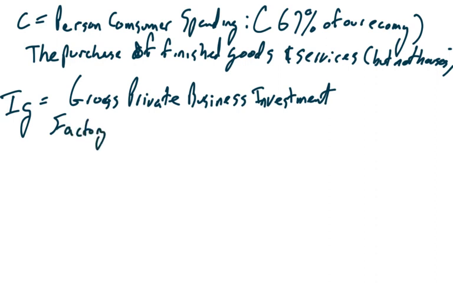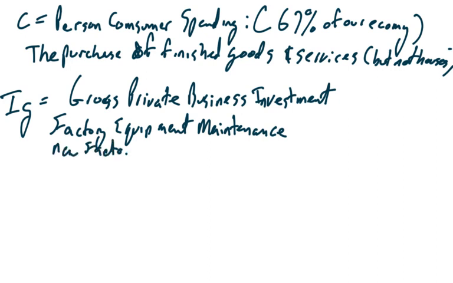If you call in the repairman and he comes in and fixes your equipment, guess what? When you pay him, what are you doing? You're actually making an investment in your business. And the same is true when you buy new factory equipment, right? You are spending that money because you need to put it in your factory so it can help you make money, right? So that is also considered an investment.